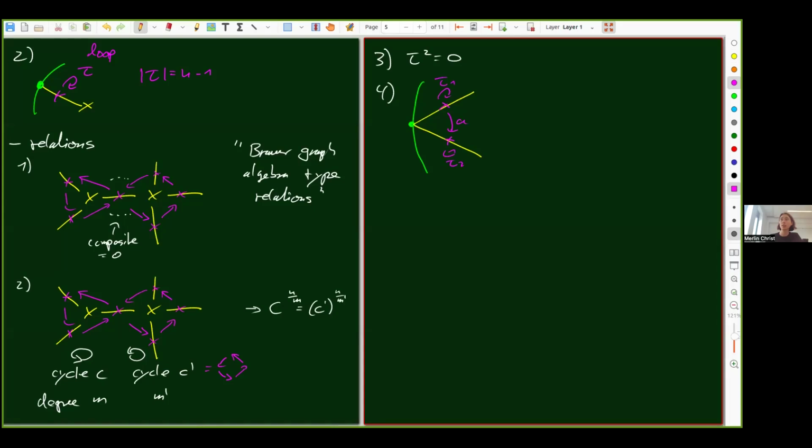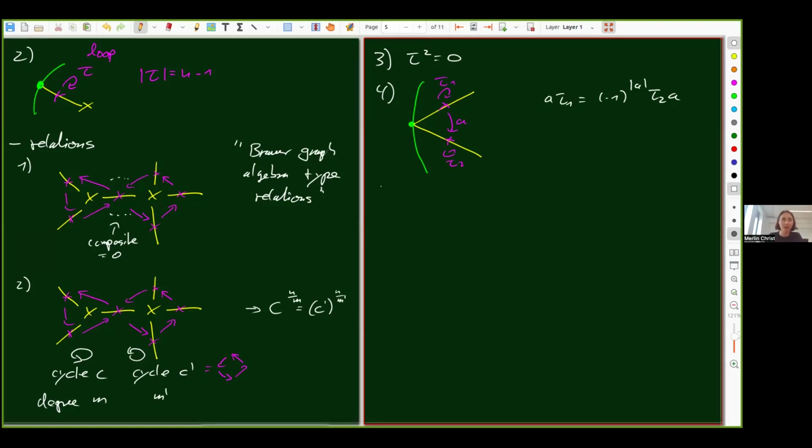And then the relation is that A tau1 is equal to (-1) to the degree of A times tau2 A. Yeah. So the loops and the arrows commute, when it makes sense to ask if they commute, up to a graded sense. Right. And then I'll tell you a little bit how you should think about this in a second.